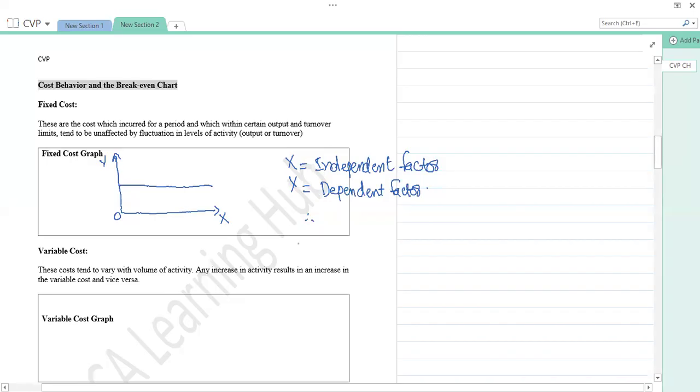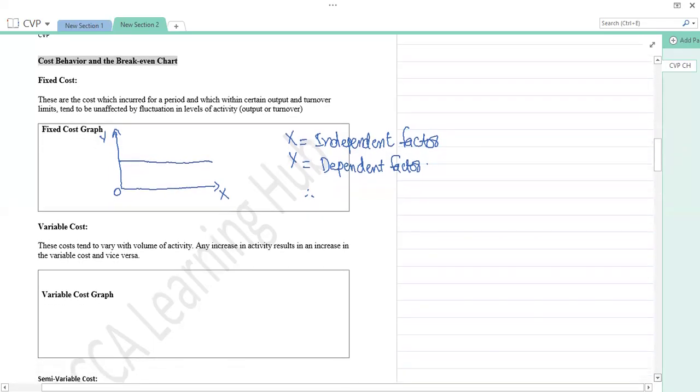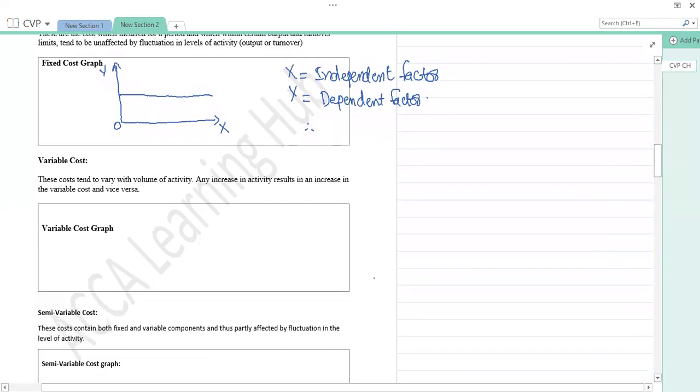Now, variable cost. Variable cost is the cost which varies with the activity level. Increase in units, increase in cost. That is your variable cost. Like the direct material cost. If you need 2 kg for 1 unit, if you produce 2 units, you need 4 kg. So if your units increase, your cost will also increase.